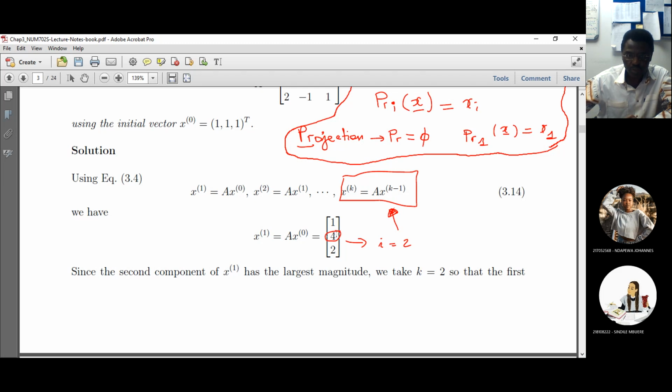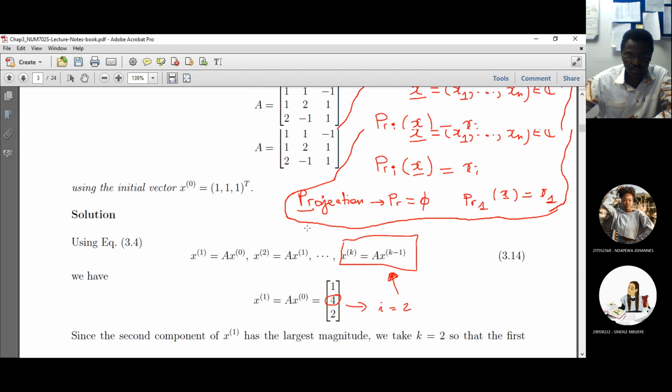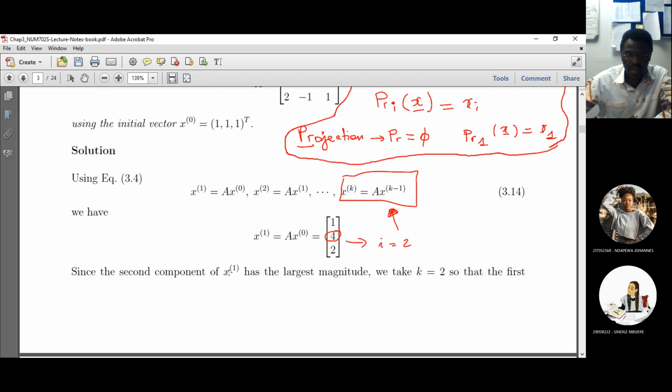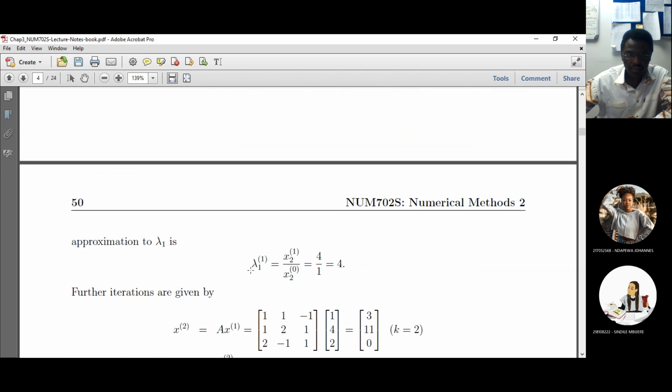So for x1, when I project, I have 4. Now with x0, all the entries are 1, so the second entry is still 1. So the first r will be 4, right? And r, remember, is an approximation of lambda 1. So that would be 4.